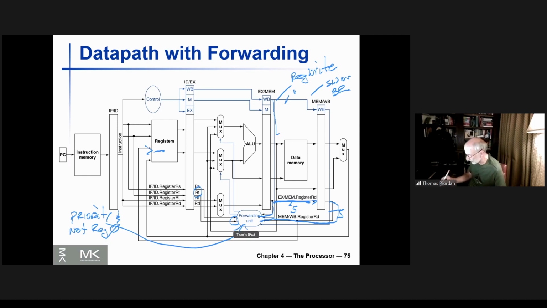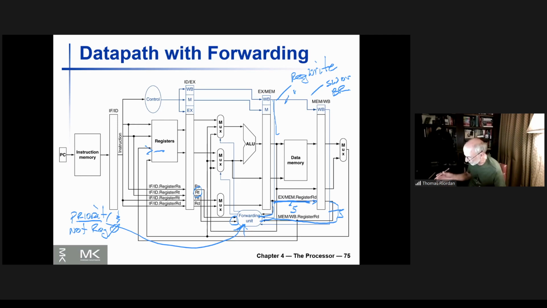That doesn't require any other signals going in here, because 0 is 0. You just know to not do it if it's 0. You do that comparison inside here. And the priority, you're just reusing the signal that you already computed to prioritize which bypass gets turned on.